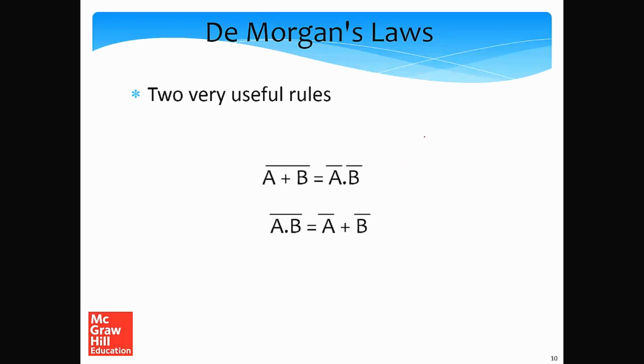So let's verify this. Let's see if this De Morgan's rule is actually correct or not. Let's have the complement of A or B, and A complement and B complement. Let's consider all possible values.